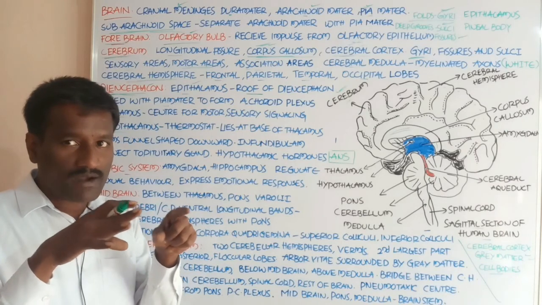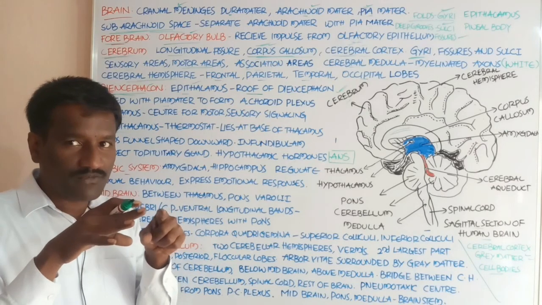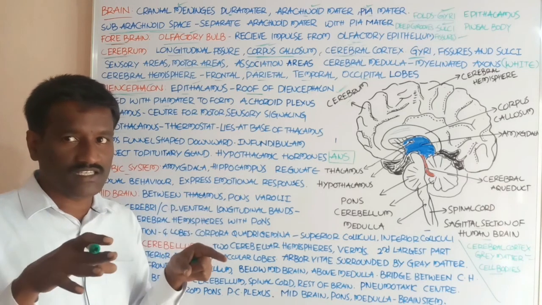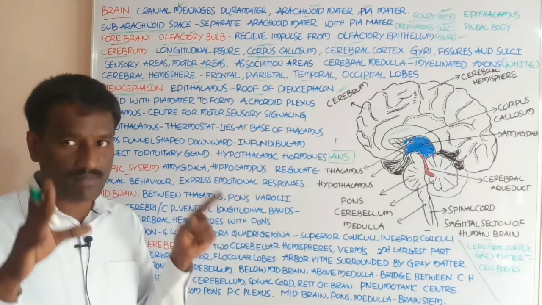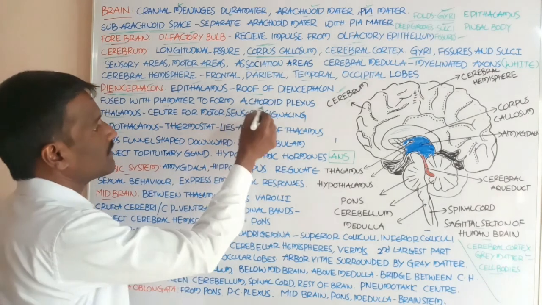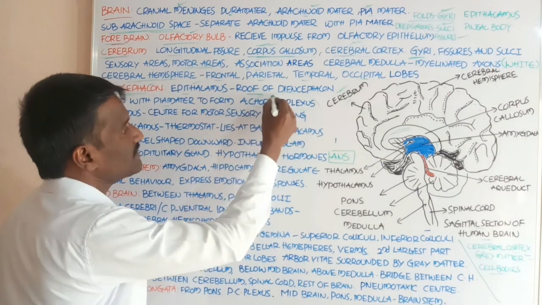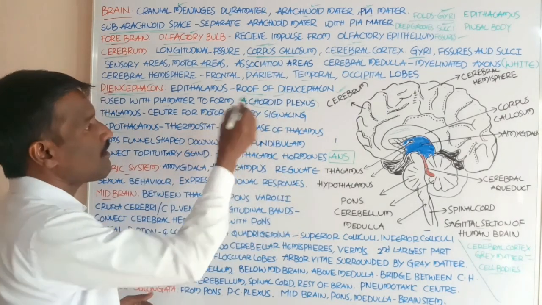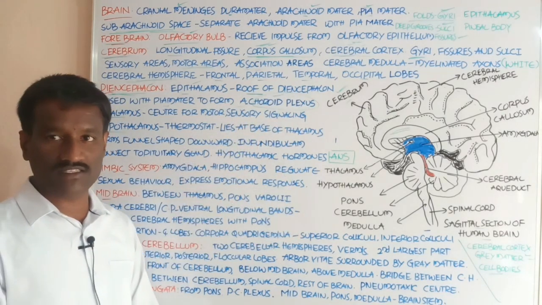The choroid plexus is formed by a network-like structure of blood capillaries, that means it is vascular. The anterior choroid plexus appears at the anterior part of the brain.